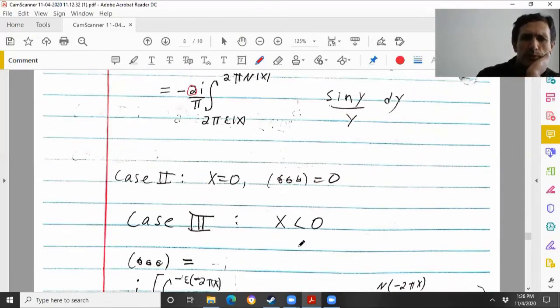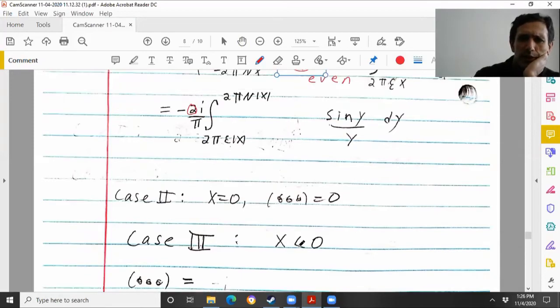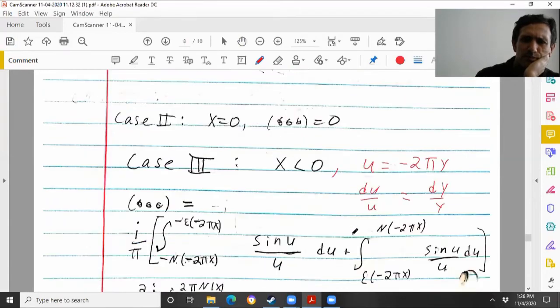Now, case x is negative, we have to be a little careful. So what am I going to do here before I do anything? Let's say u is minus 2 pi y, and again, du is dy over y.